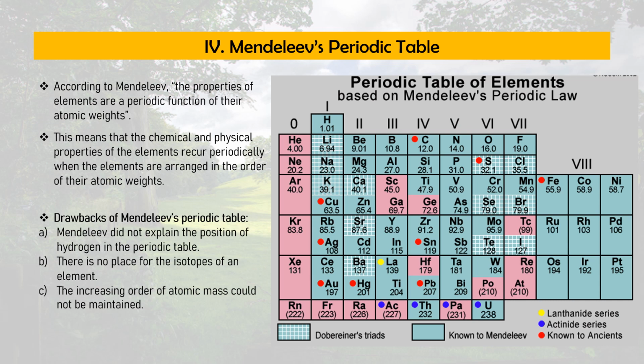And Mendeleev arranged about 63 elements in horizontal rows and vertical columns, and the periodic table of Mendeleev has 12 horizontal rows known as series, and the series were further divided into vertical columns known as groups.